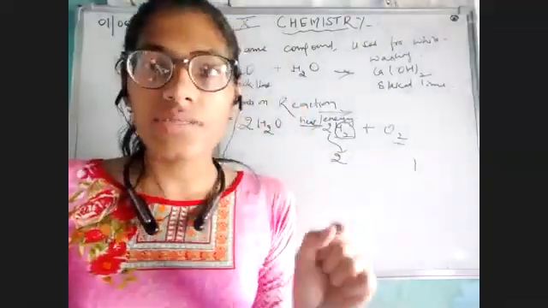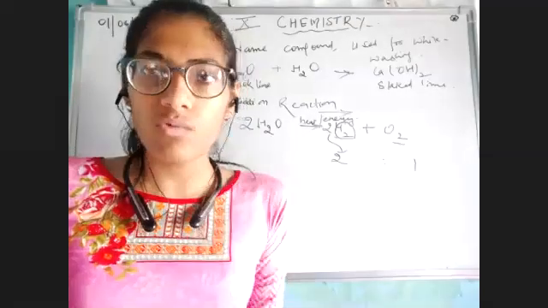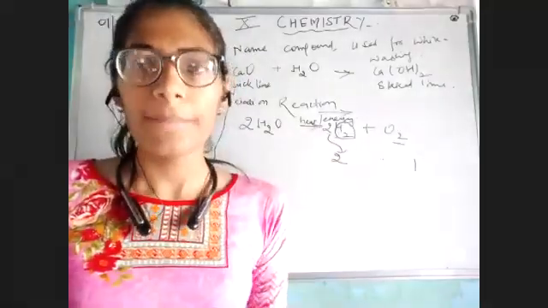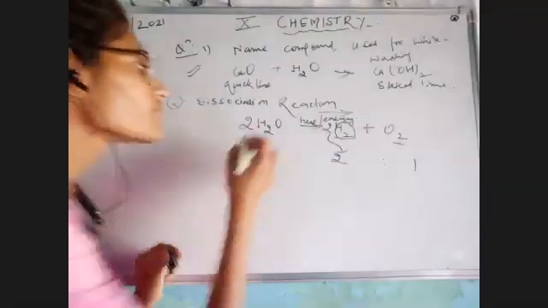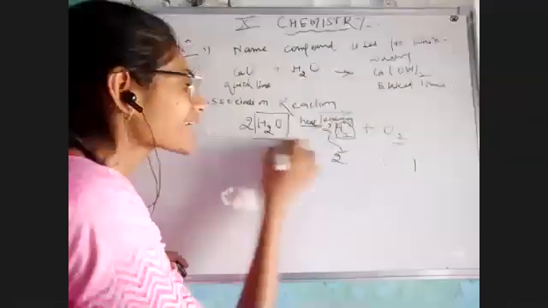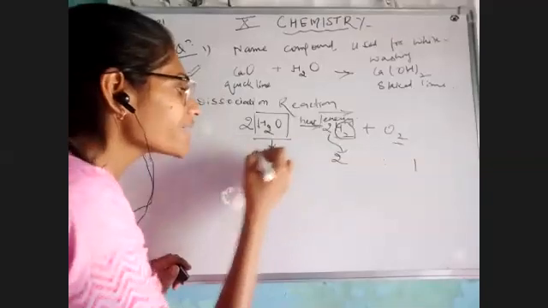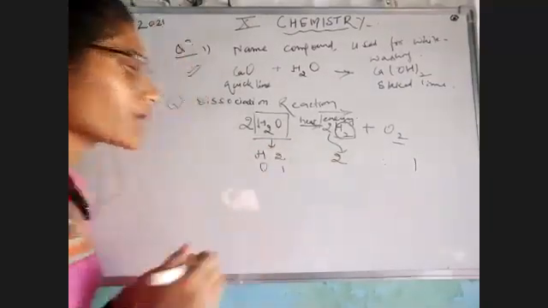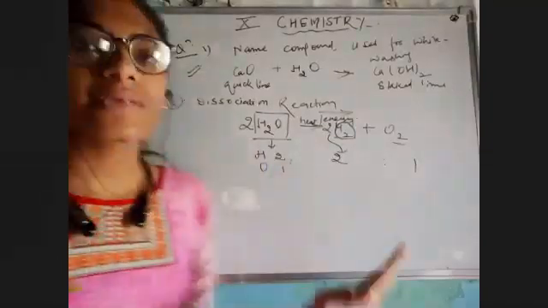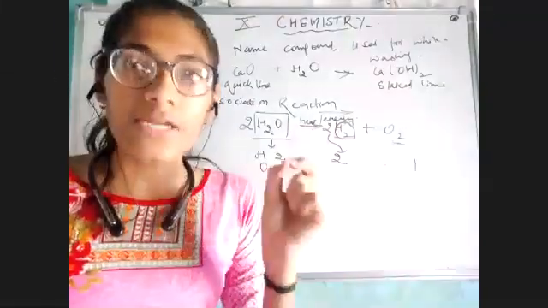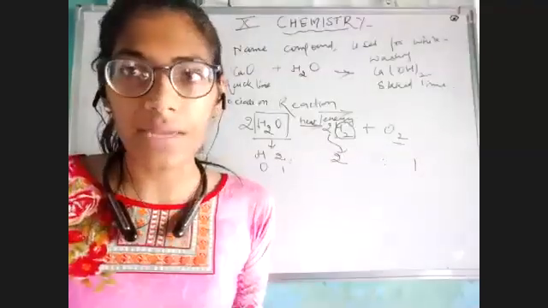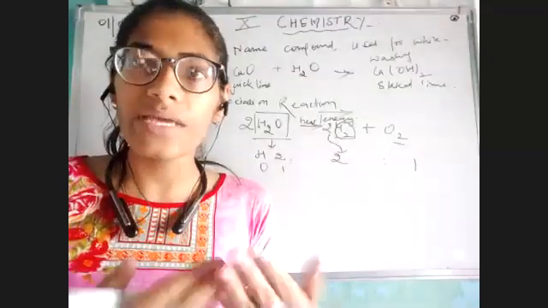So the question is asked, why is it so? Why do we have H2 and O2 in the ratio of 2:1? The simple answer is, when we took the reactant H2O, hydrogen was already in 2 and oxygen in 1 ratio. So this example tells us that if the reactant is given to us, the product formed would be in the same manner.